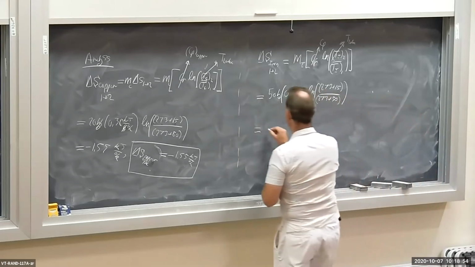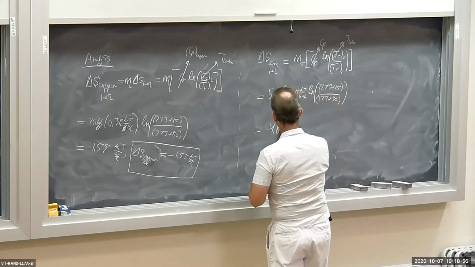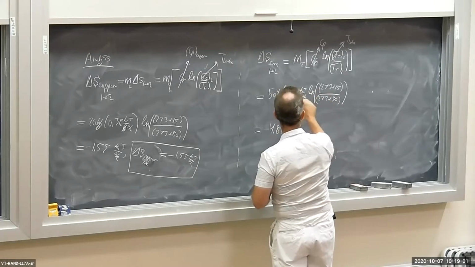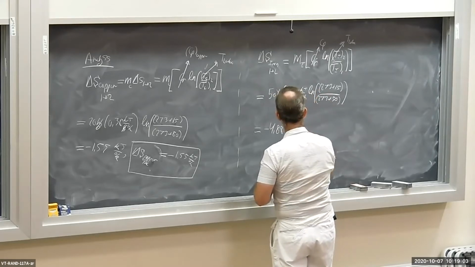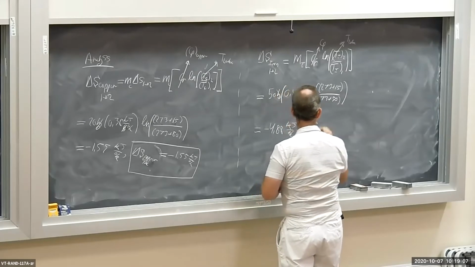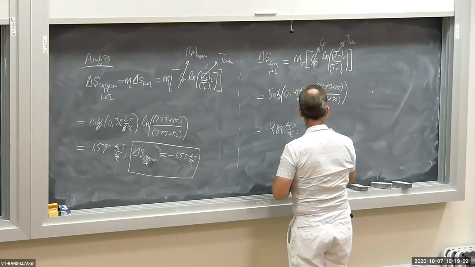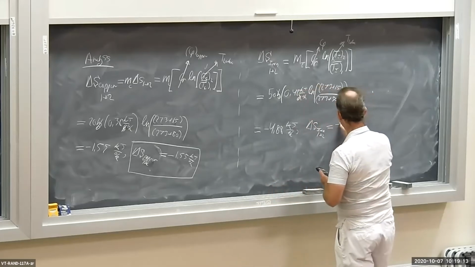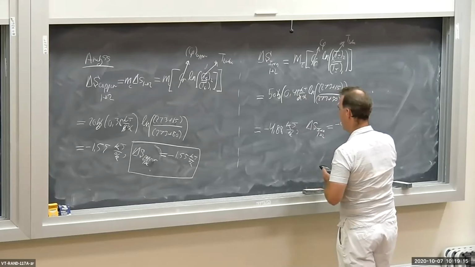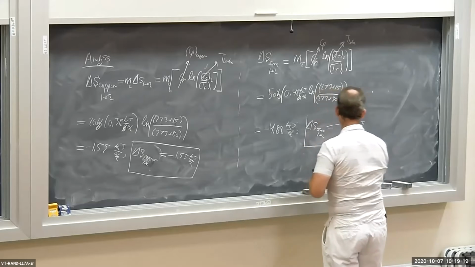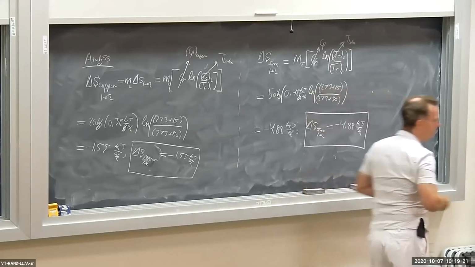So that's negative 4.88, and the unit on that is kilojoule per degree Kelvin. So delta S for the iron from state 1 to state 2 is equal to negative 4.88 kilojoule per degree Kelvin. So the entropy went down.